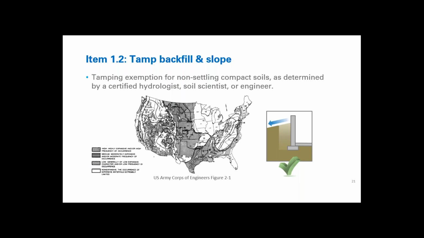And I actually want to pause here, because as we were reviewing the presentation this morning, I realized that this map is a little bit of a red herring, and you should pretty much ignore it. When we're talking about a non-settling compact soil, that's basically a specialty backfill, either specialty material or specialty process, that's going to meet that definition.